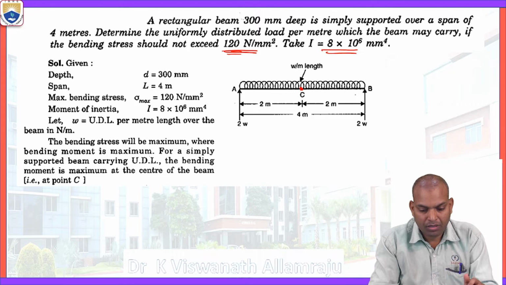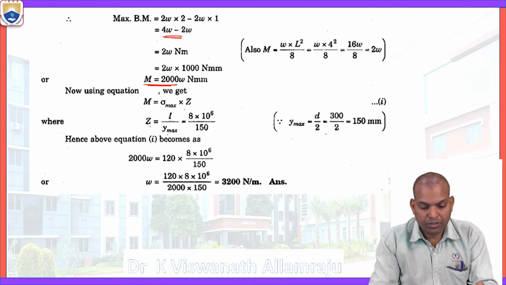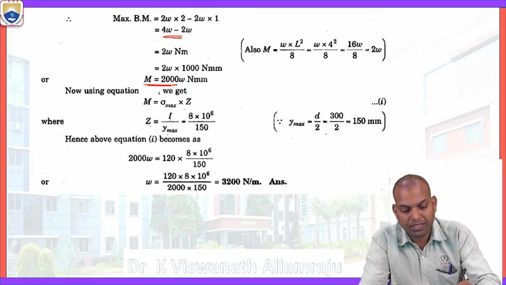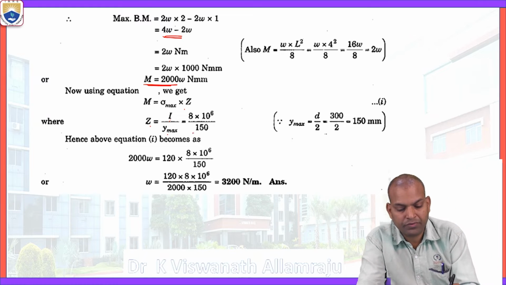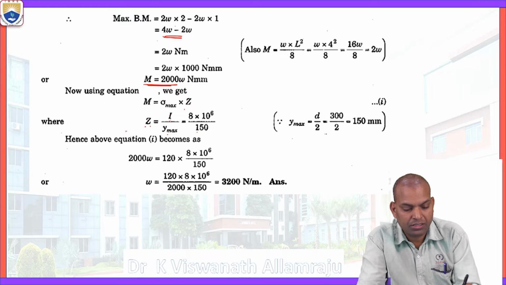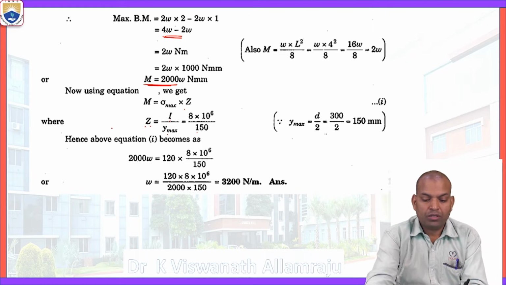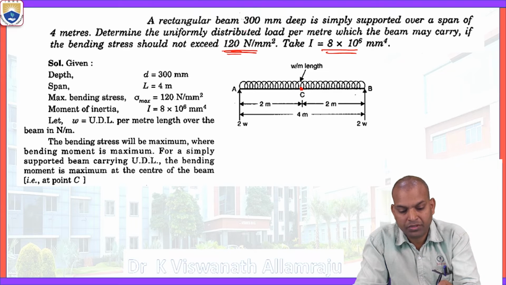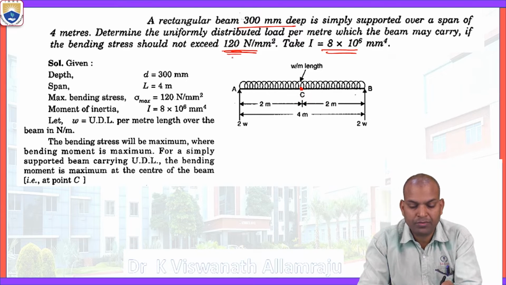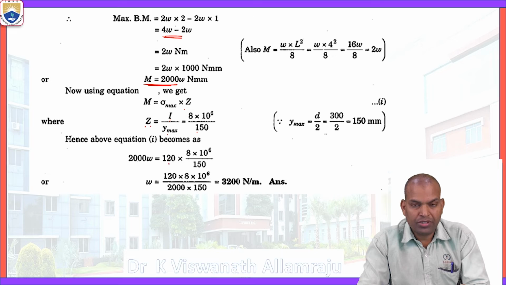Now Z equal to I by Y max. I is 8 into 10 power 6 by Y maximum, that is D by 2, that is 300 by 2, that is 150 millimeters. This is the Z value. And what about sigma maximum? The maximum stress not to cause failure is given as 120 Newton per square millimeter. Substitute 120 times Z, 8 into 10 power 6 by Y max 150.